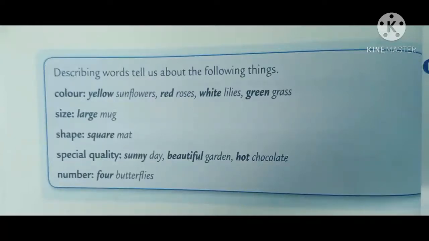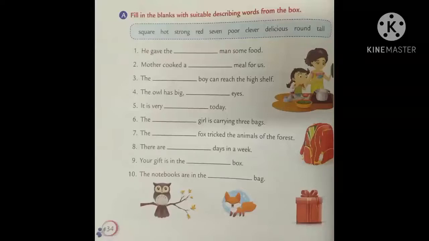Okay, children. Now let's start with exercise A. Fill in the blanks with suitable describing words from the box. First, have a look over the box, children. Square, hot, strong, red, 7, poor, clever, delicious, round, tall.